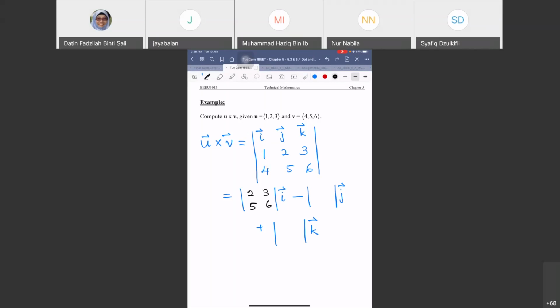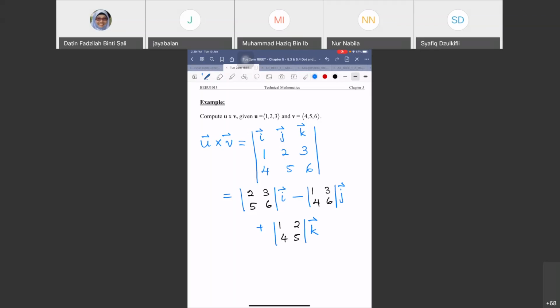And then for the j vector, the determinant for j, you delete the j column here. Then you are left with 1, 3, 4, 6. And then for the last one, you cover your k column, so you will have your 1, 2, 4, 5.